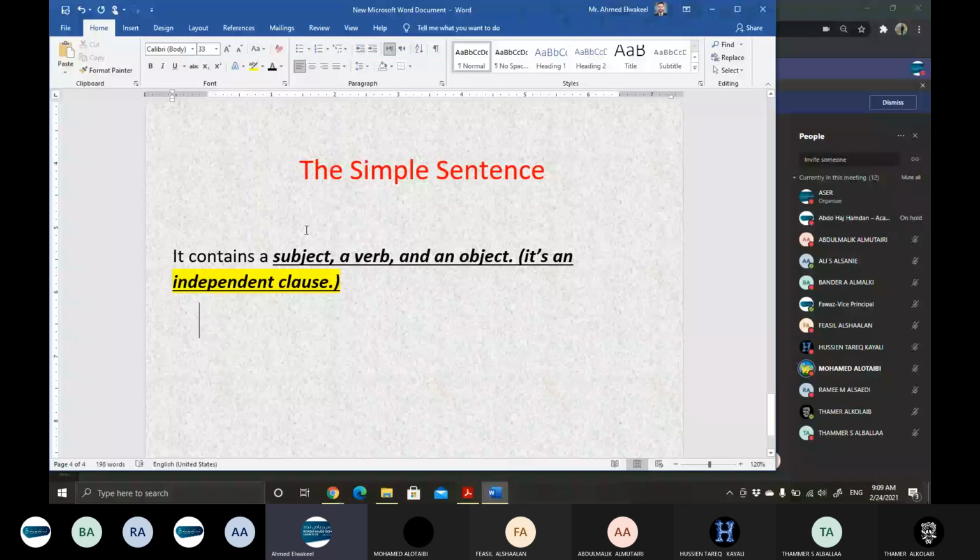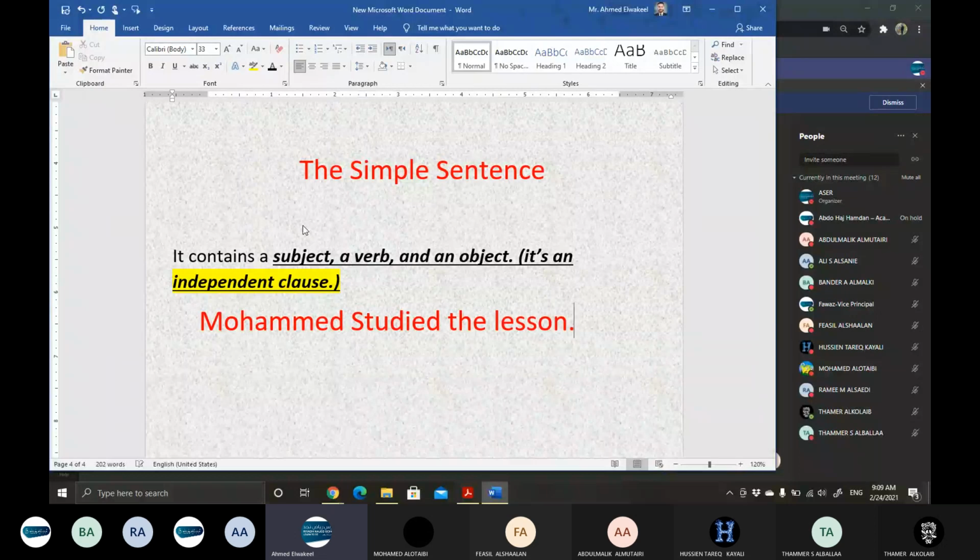Like when I say, Muhammad studied the lesson. In this example, I have Muhammad. Muhammad is the subject.